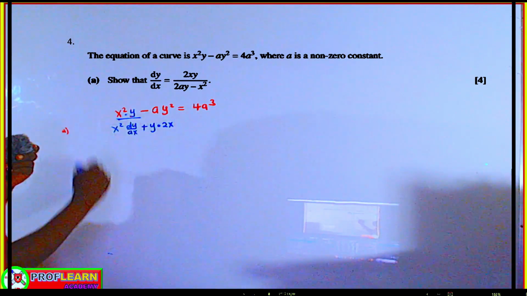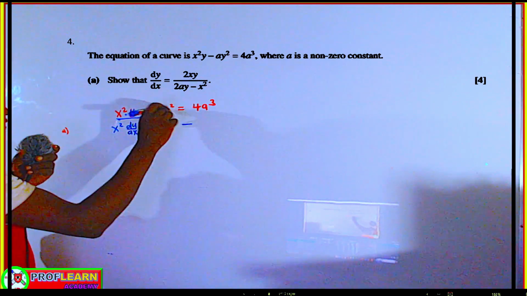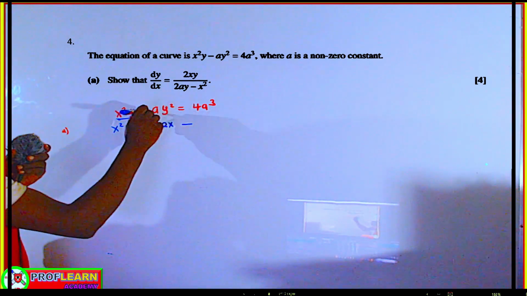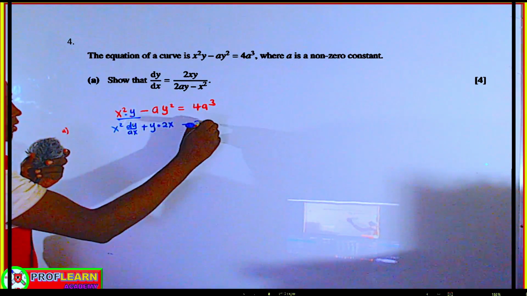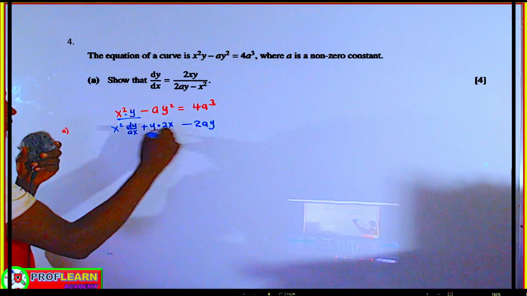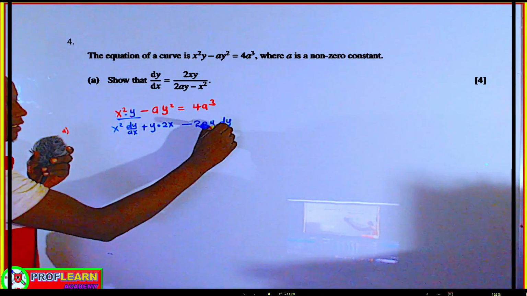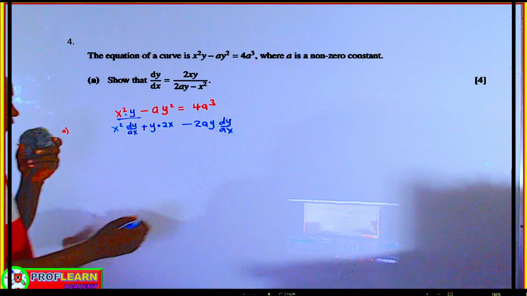Now we are done with this part of the equation. Then minus, differentiating, because a is a constant, differentiating y we're going to get 2ay, but since you are differentiating y, you must write dy dx, because y is a function of x.